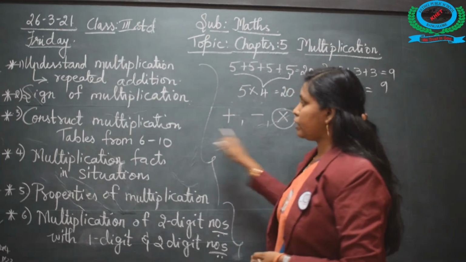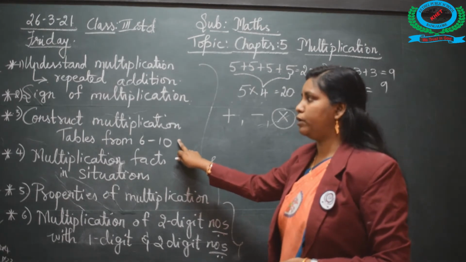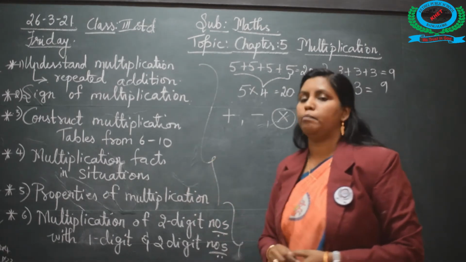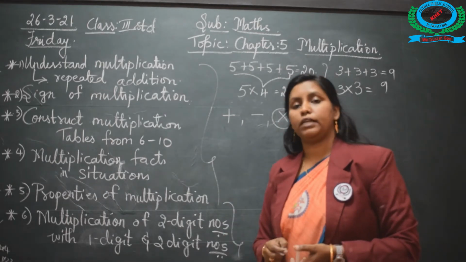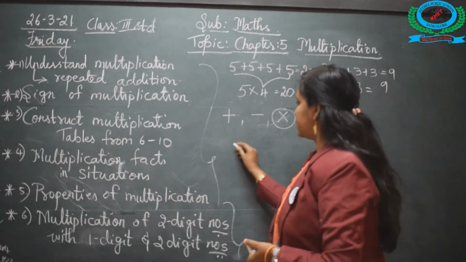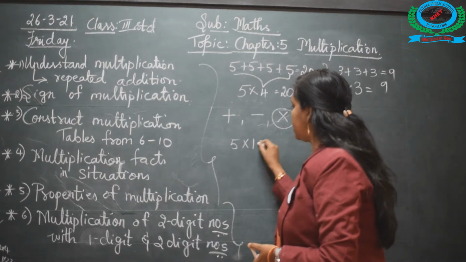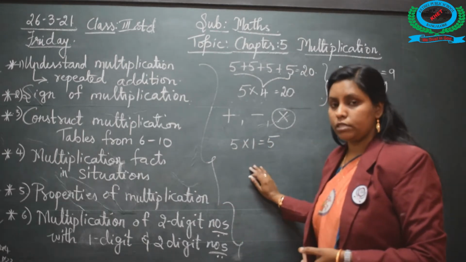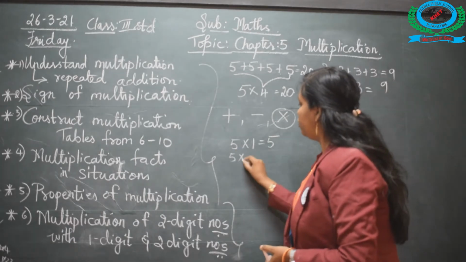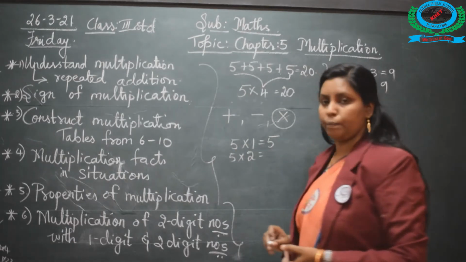Okay. So next, coming to the next subunit, that is constructing multiplication tables or formation of multiplication tables. For example, 5 ones is 5. Okay. So you know that 5 ones is 5. So how can you form 5 twos?